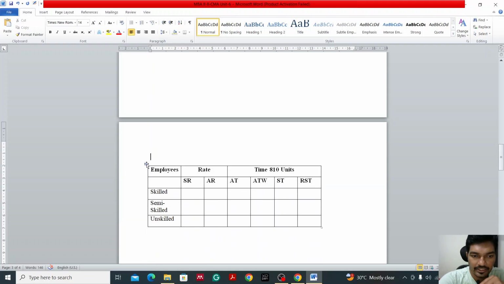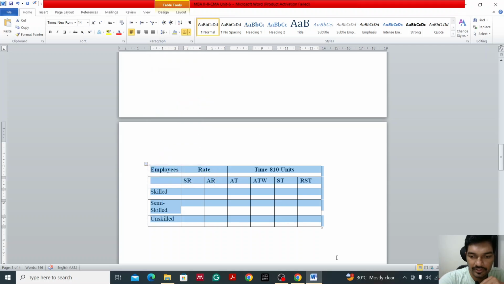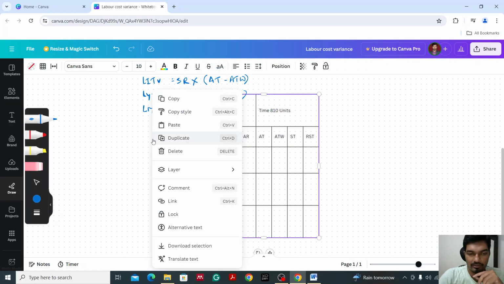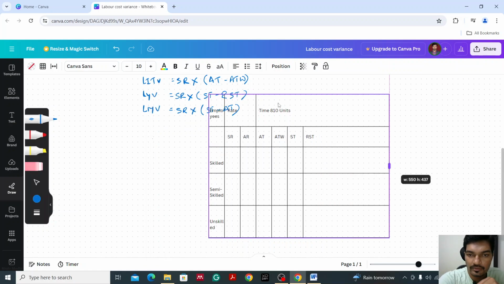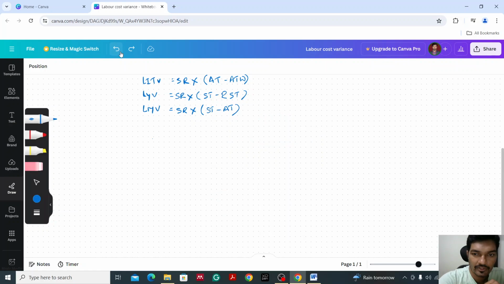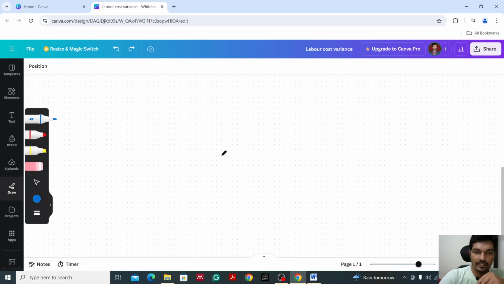So let us take a table which I have designed here. We need to arrange this data in a structured way.